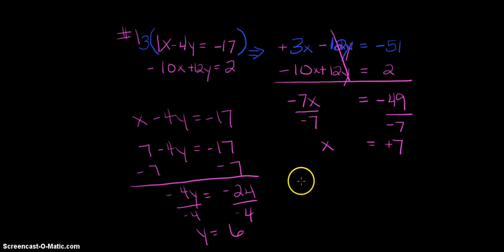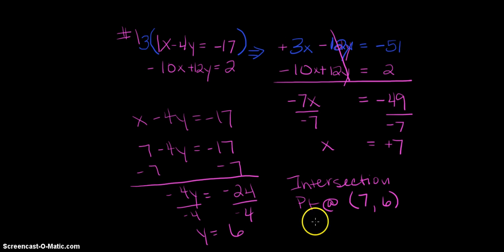So I have an intersection point here at x equals 7, comma 6. And Charlie found a mistake on my last video, so props to Charlie for finding a mistake. Make sure you list that x first as 7 and then the y next. Alright? So that's number 1, guys.